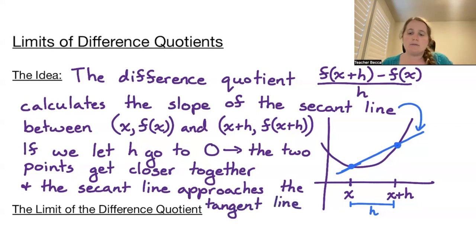So on the graph I've drawn here, the tangent line is the line that just barely touches at the point, at the value x, f of x. This is our tangent line.